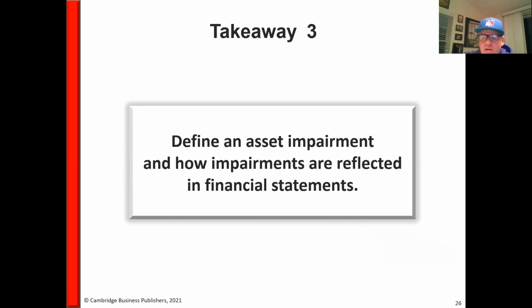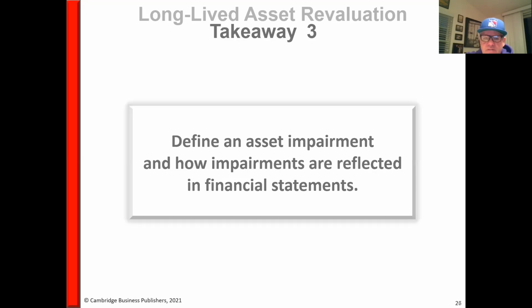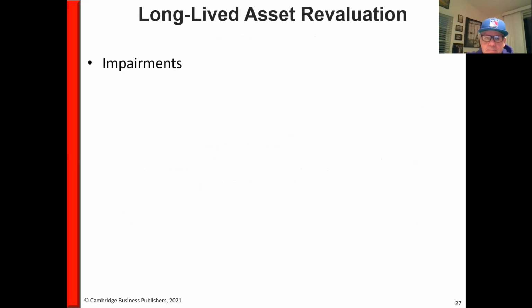You've got a lot of this going on right now in the COVID case. Those of you who are doing SMACs on COVID, if you look at the results for the first quarter or so, you're likely to see some of these impairments being recognized. So impairment is when a long-lived asset actually loses some of its value. That's what we mean by impairment.